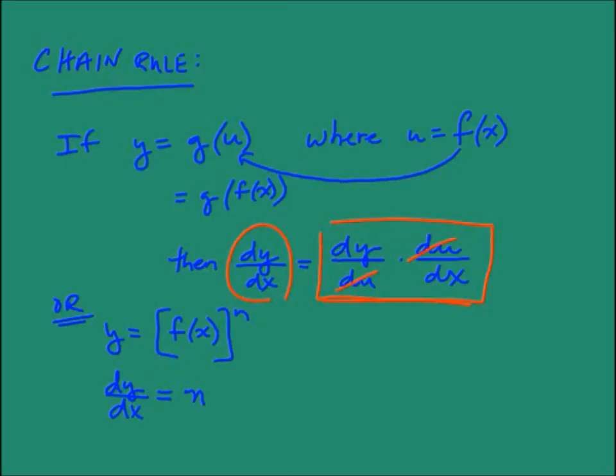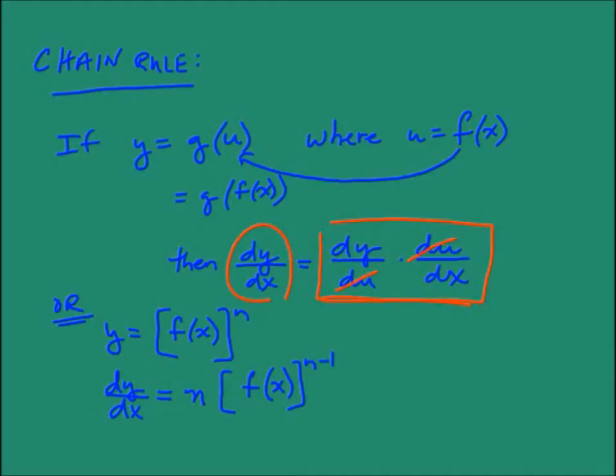Okay, and we would then need to decrease that exponent by 1. But this isn't all we have to do when we're doing the chain rule. So that's the first part of the chain rule.